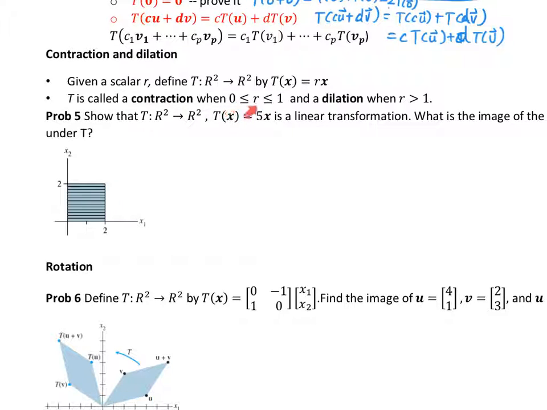When r is from 0 to 1, this is so-called contraction. When r is greater than 1, it is dilation. Now, first of all, let r be 5. Let's show that this is a linear transformation. What does it take for a transformation to be linear?